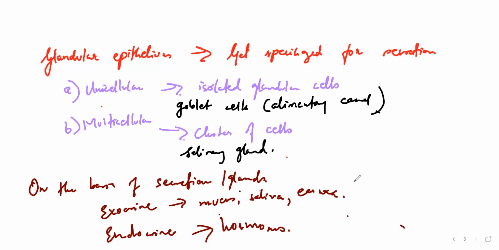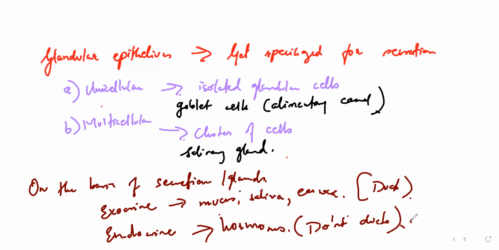Here ducts will be present in exocrine glands. Endocrine glands do not have ducts, they are ductless. So this is all about the glandular epithelium. One is on the basis of how many cells are present, and the other is on the basis of the secretion. So this is all about the classification of simple epithelial tissue.